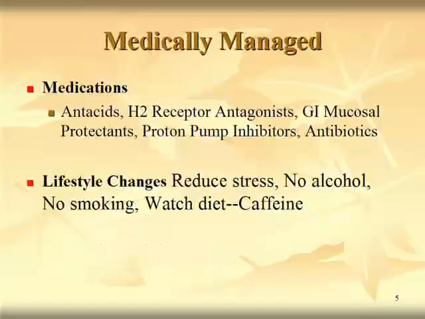Typically, peptic ulcer disease is going to be medically managed with meds such as antacids, H2 receptor antagonists, GI mucosal protectants, PPIs, and also antibiotics if the problem is actually from the H. pylori. So some lifestyle changes that are recommended are to decrease anxiety and stress, avoid alcohol and smoking, and especially watch diet, things high in acid and also caffeine intake.